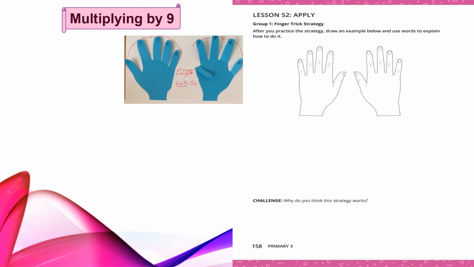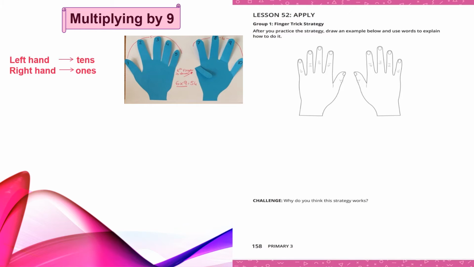The other number here is 6. So, the second step, you should bend down finger number 6, like the picture. And here we have fingers on the left side and fingers on the right side.